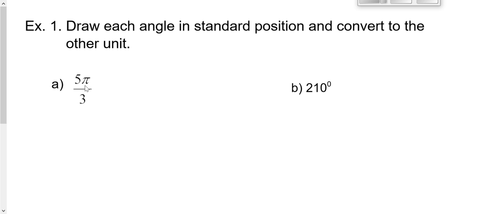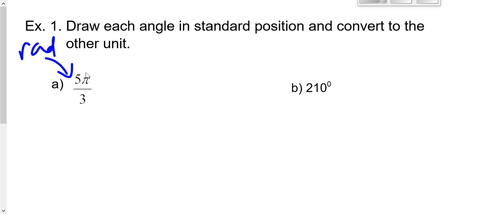Whenever you see numbers written like this, with the pi representing an angle, we assume that this is already radians, because every time we see pi, either it has something to do with the circumference or radius, or it is an angle measurement. So draw each angle in center position and convert to the other unit. When you see this, you have the pi, so that means this must be an angle measured in radians. So we would not physically write out RAD here.